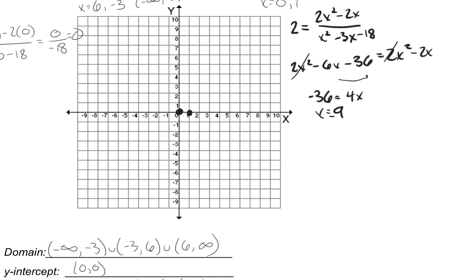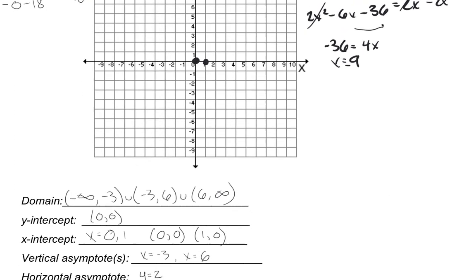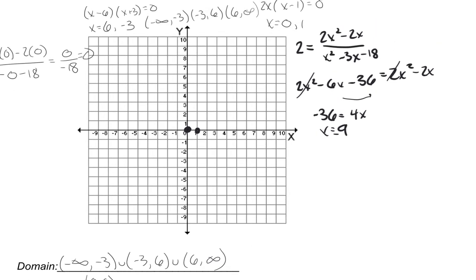And then we have some vertical asymptotes at negative 3, I'll make them red, and at 6. And then we have our horizontal asymptote here.